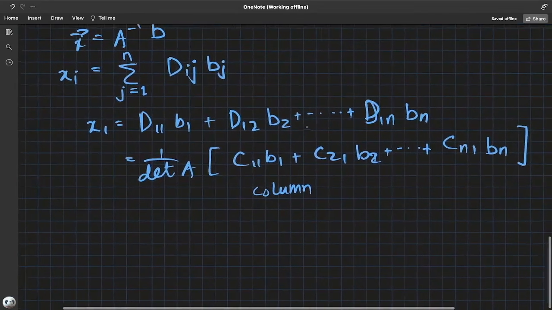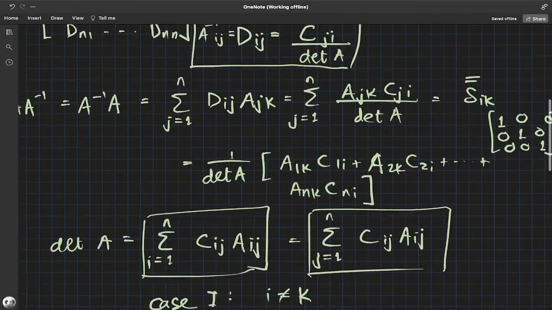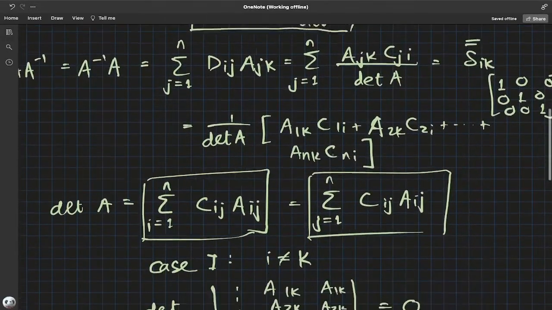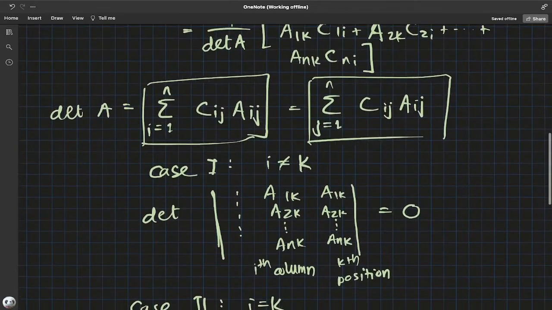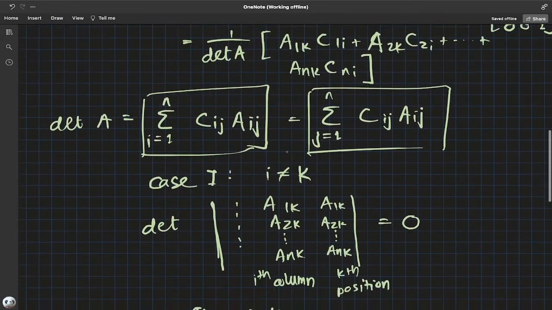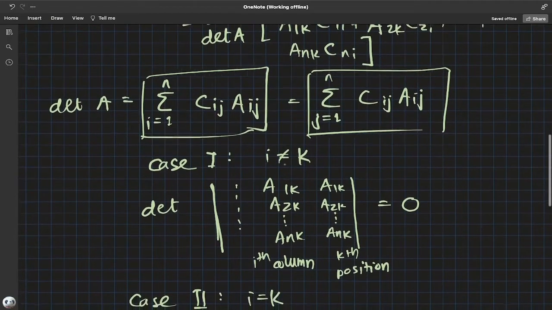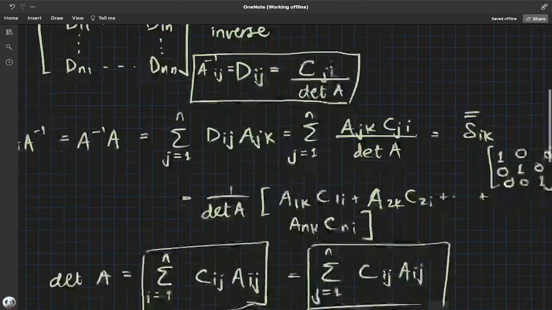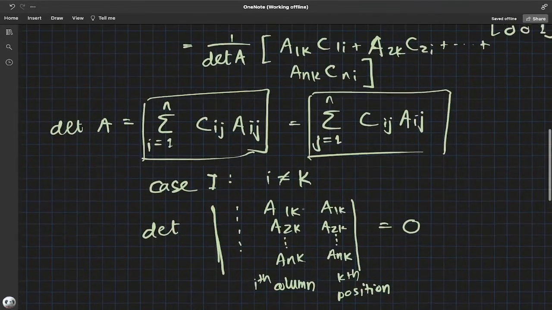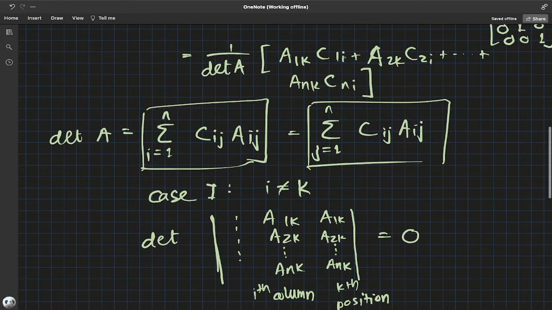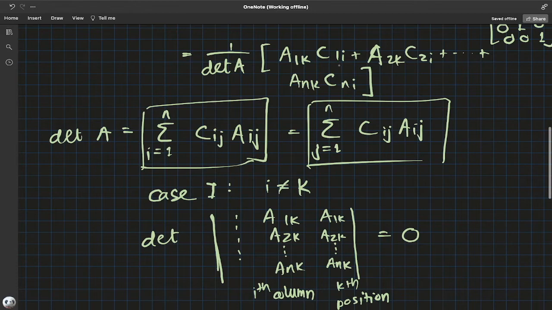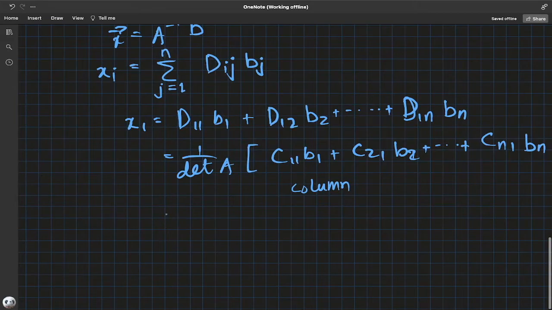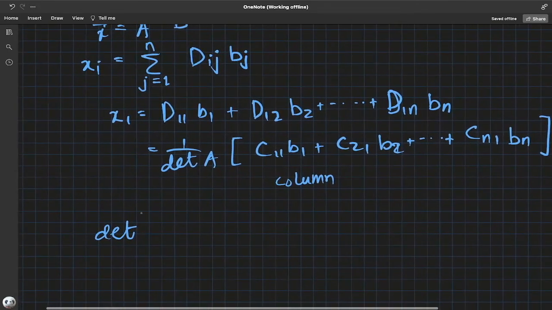But what is this? If you remember how we justified the inverse, the argument was that this is basically the determinant of a modified matrix, with the kth column of the original matrix A in place of the ith column, which was omitted because of this cofactor. So this bracketed term is the determinant of a modified matrix.